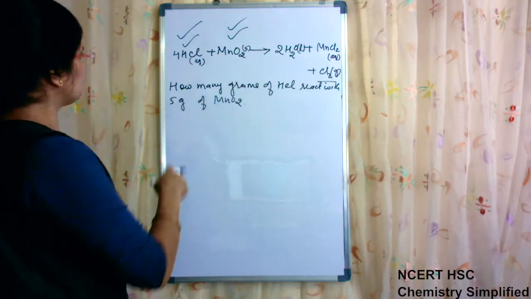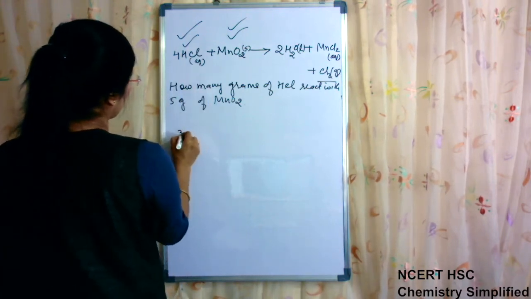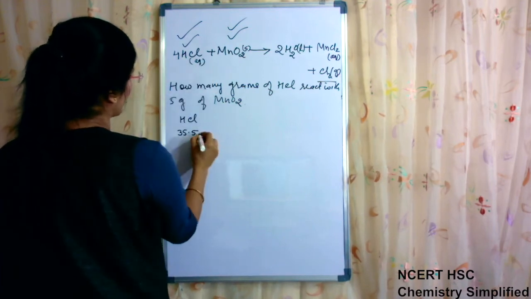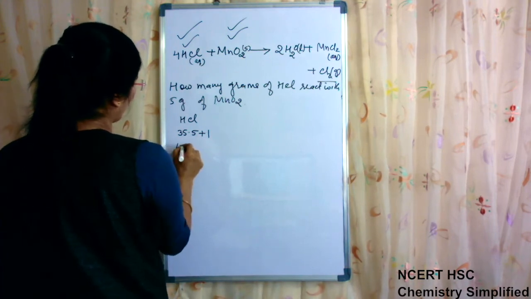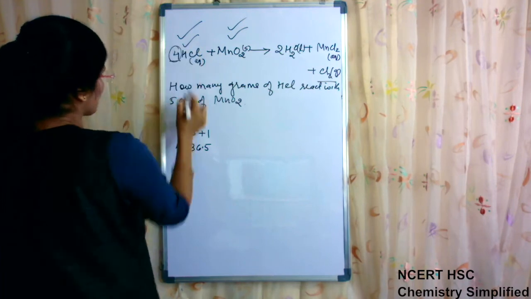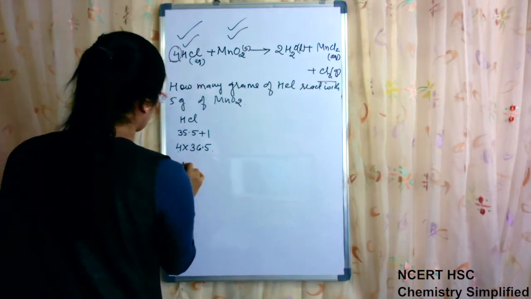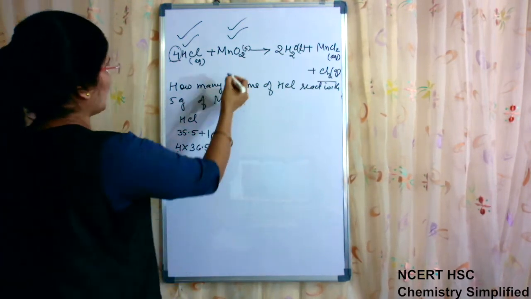Okay. So for 4 HCl, 35.5 is the mass of chlorine plus 1 hydrogen, that is equal to 36.5. 4 molecules are there, so 4 into 36.5, that is 146 grams. Okay. Then MnO2.